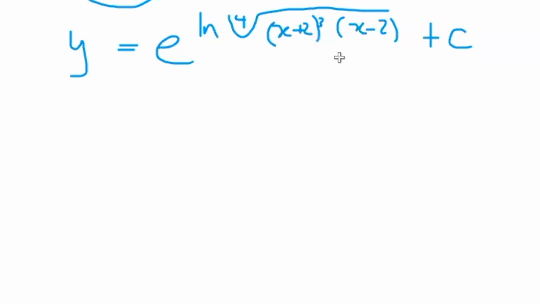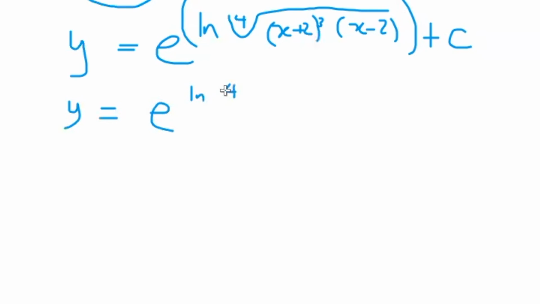So it means that I can have y is equal to e raised to the first power times e raised to the second power. It's the same thing. So in other words, I'm saying I can have y is equal to e to the first power.